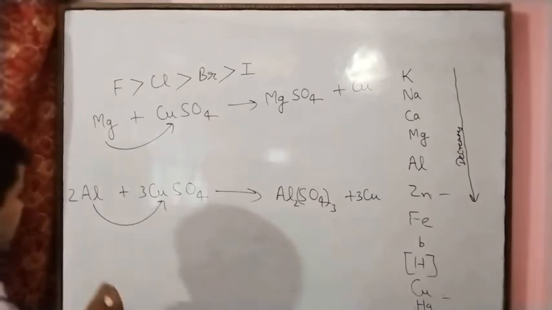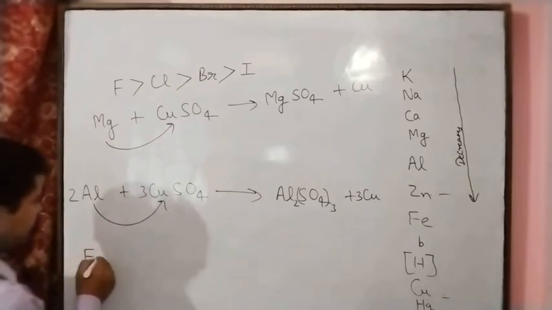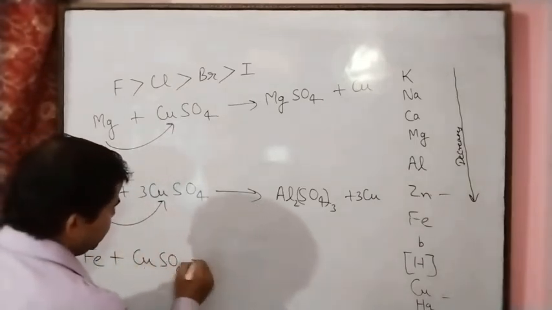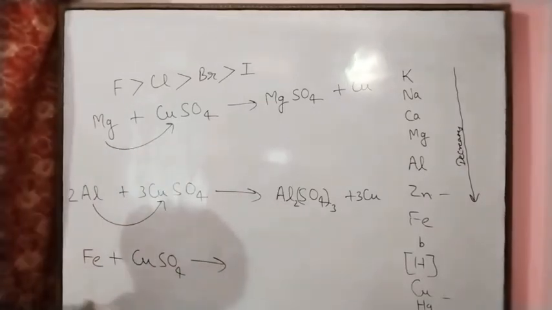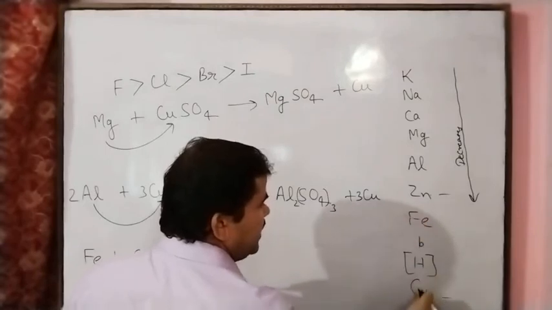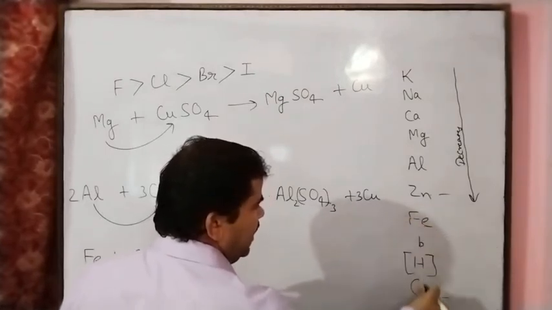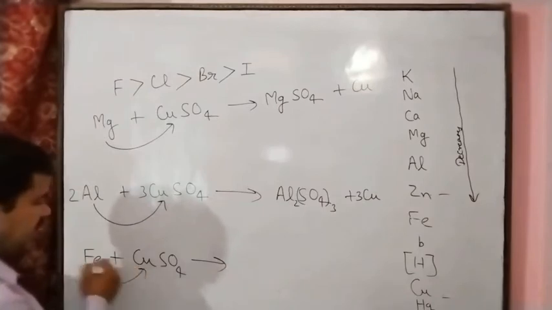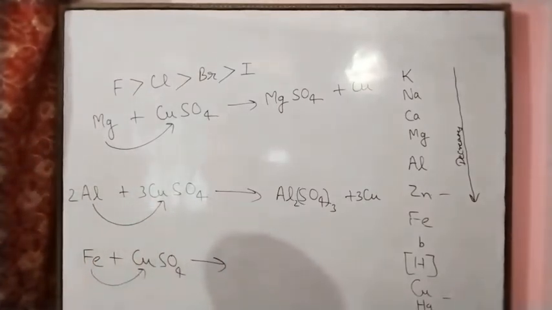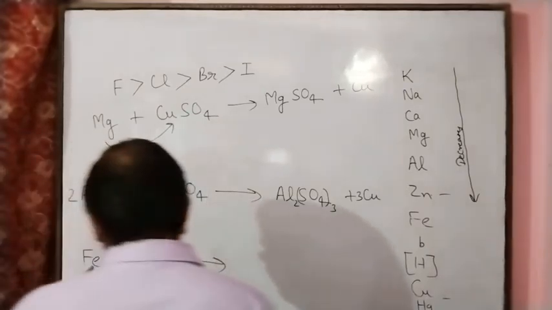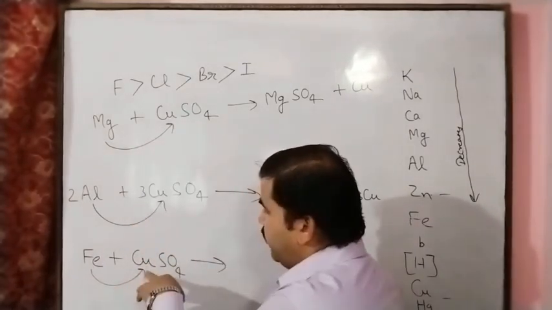In the same manner, if we take Fe plus CuSO4, here iron displaces the copper because iron is placed above the copper. These are metals. Iron is the more active, more electropositive metal, and copper is the less electropositive metal.